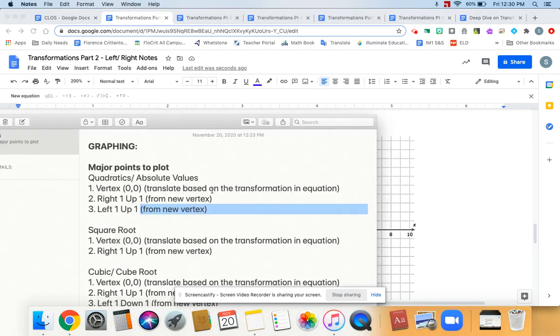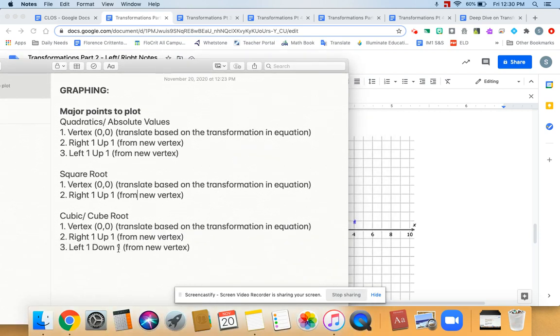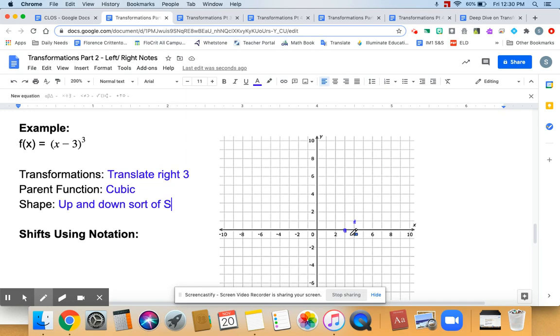If I look at my major points to plot, the cubic has left 1 going down 1 to make that S shape. So from my vertex, I need to go left 1 and down 1. And now I just make the right shape. Remember, I like to do it from the middle. I kind of curve up through that point. And then from the vertex, I'm going to curve down into that point to try to get the right shape.